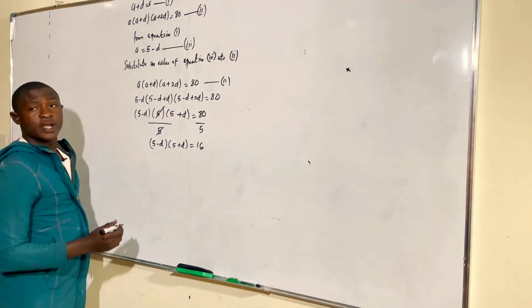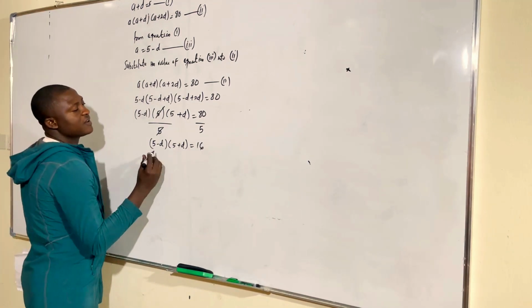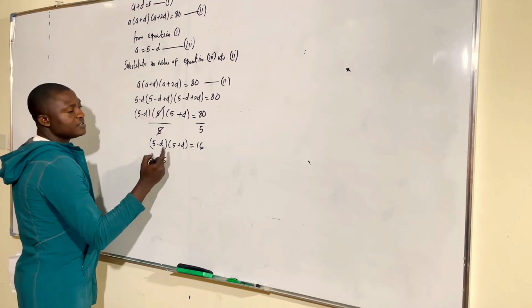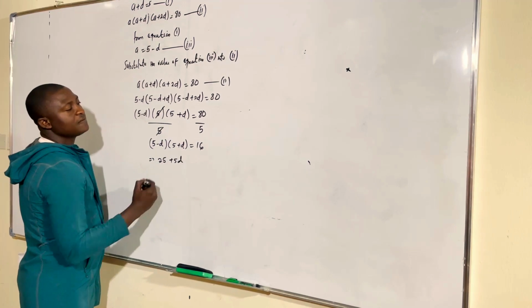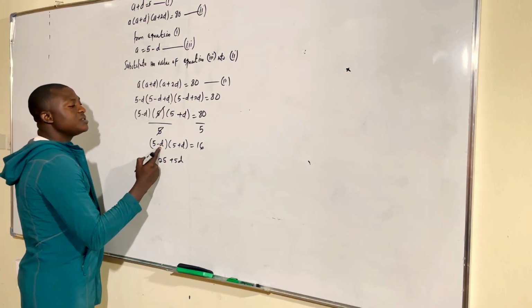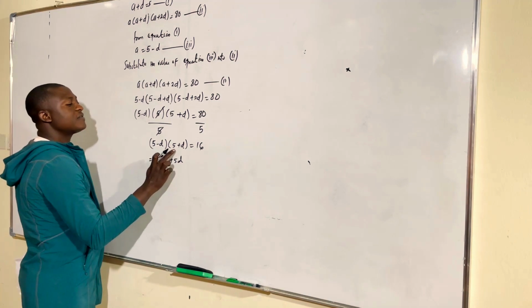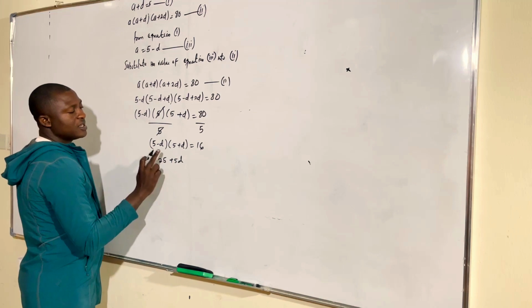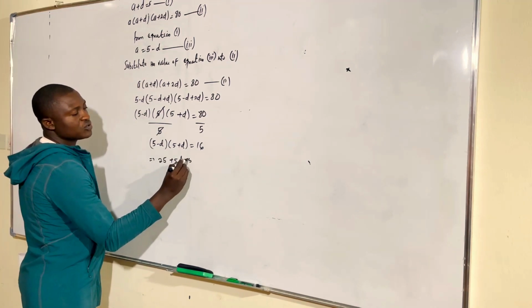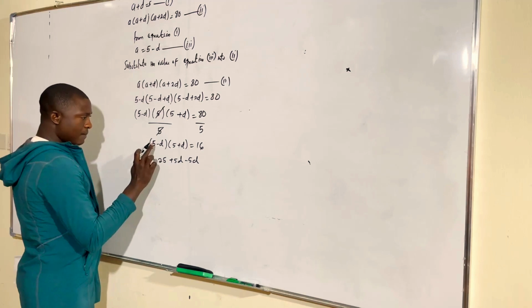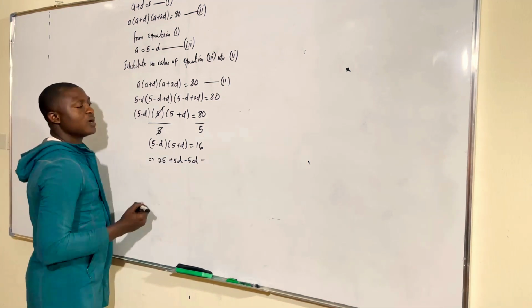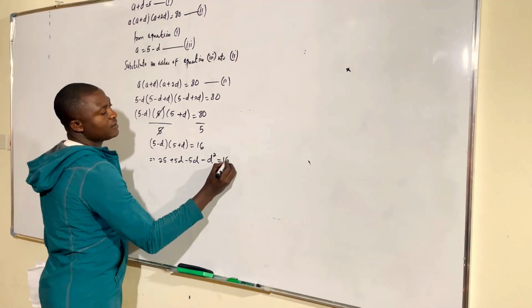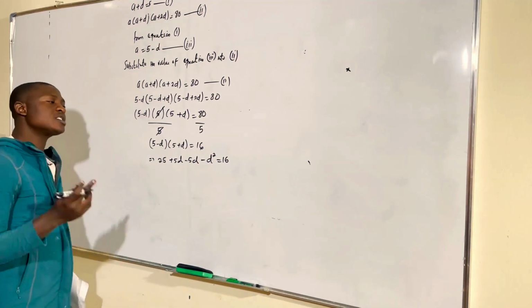Now, I can open the bracket. If I open the bracket, we have 5 times 5, that is going to be 25, right? So 5 times d, we have 5d, minus d times 5, we are going to have minus 5d, and minus times minus, of course, we are going to have minus d times d, which is d square, everything equal to 16, just like a simple expansion.